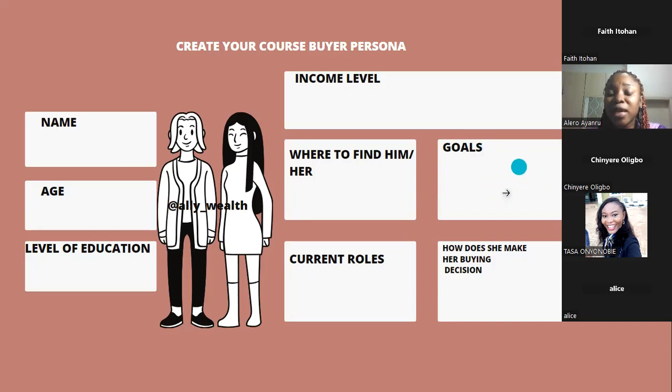Another way to get this is to also talk to these people and get to know what their pain points are. There's something we call pain points. That is the issues that they are facing currently, and the solution. Your offer is supposed to be the solution to their pain points.